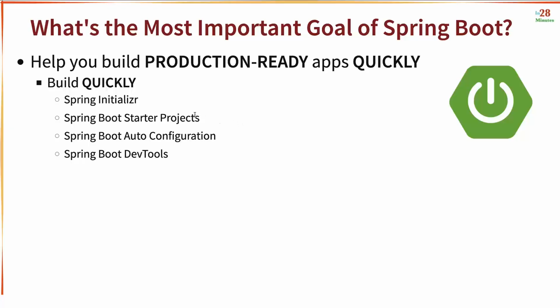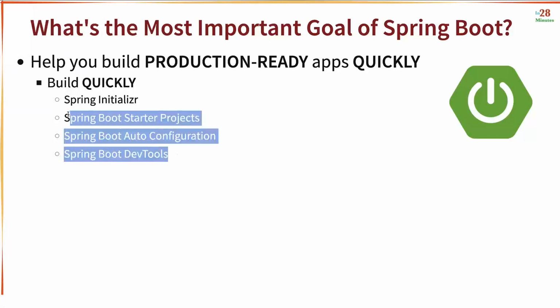Spring Boot starter projects help you to quickly define dependencies for your projects. Spring Boot auto configuration would automatically provide configuration based on the dependencies which are in the class path. And Spring Boot DevTools will help you to make application changes without having to manually restart the server. We'll be exploring these three features in the next 3 steps.